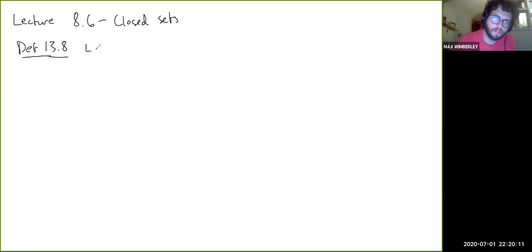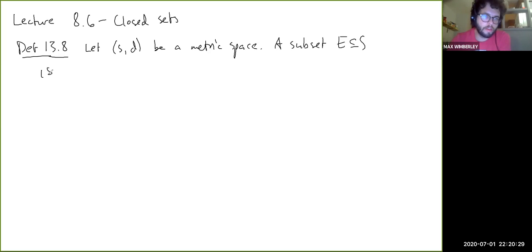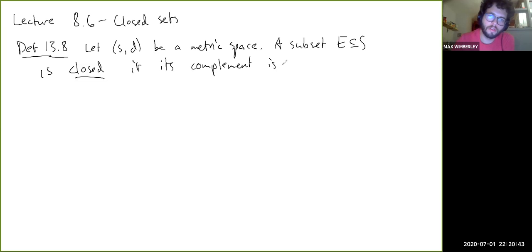So let (S, d) be a metric space. A subset E is closed if its complement is open.